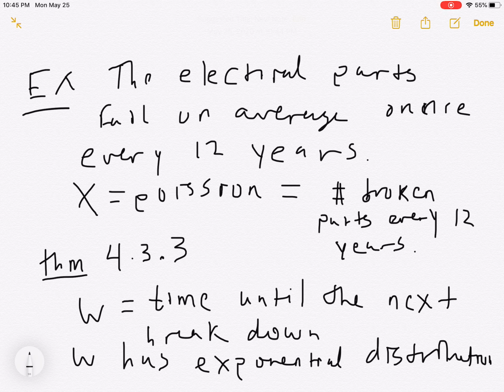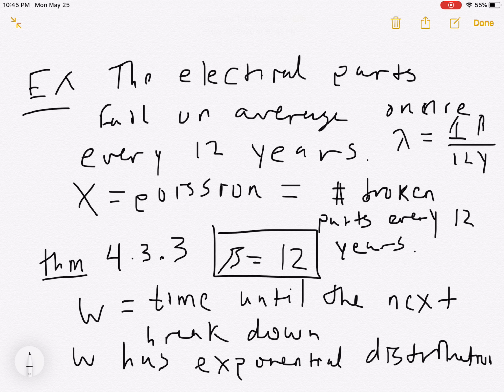Okay, and here lambda is going to be 1 breakdown per 12 years. So the theorem tells me that beta is equal to 12.